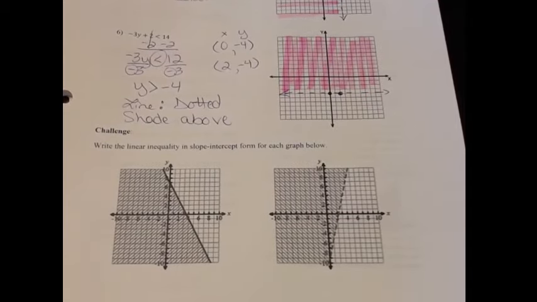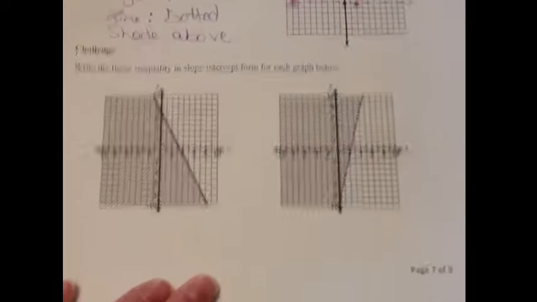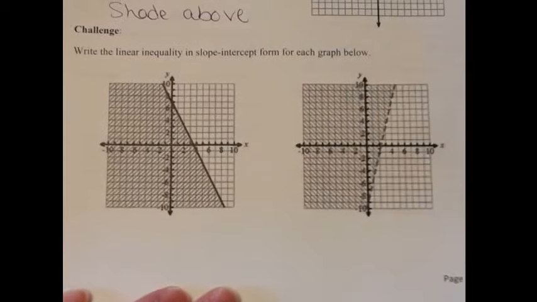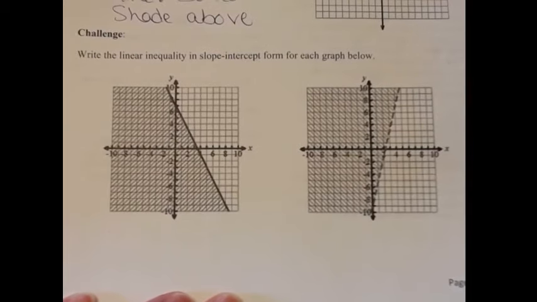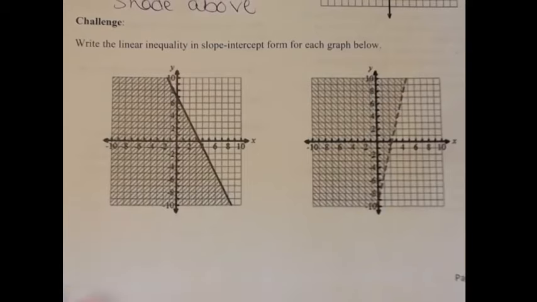I have a challenge for all of you, and that is to attempt to write the equations for these two linear inequalities, for these two graphs. So think about what we just did here. We took a linear inequality, we identified its slope, we identified its y-intercept, we determined whether it was solid or dotted, and then we also determined whether we were shading above or below.